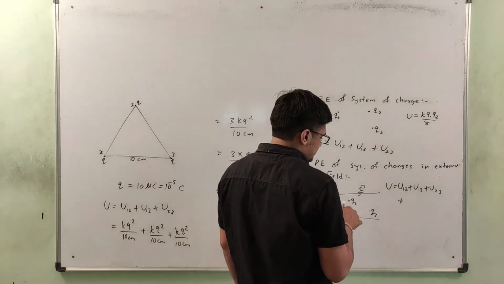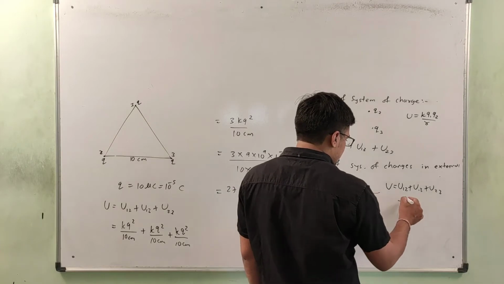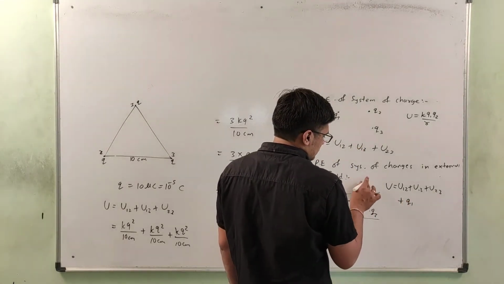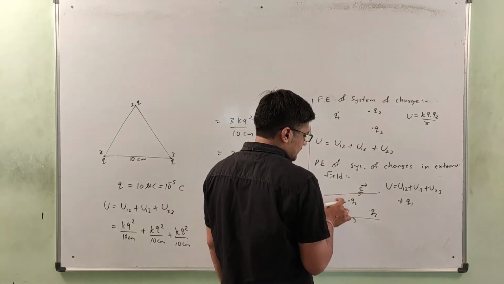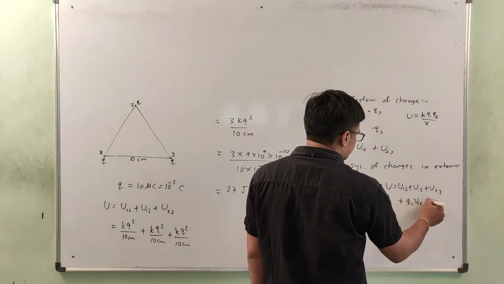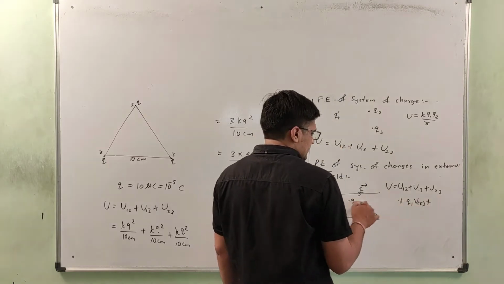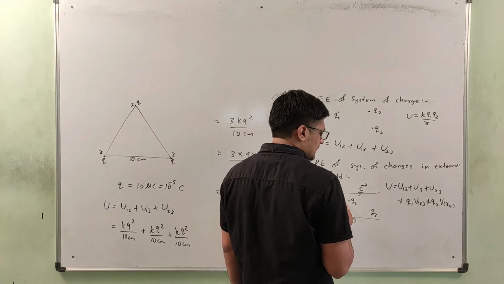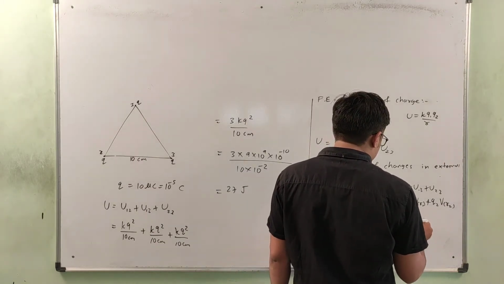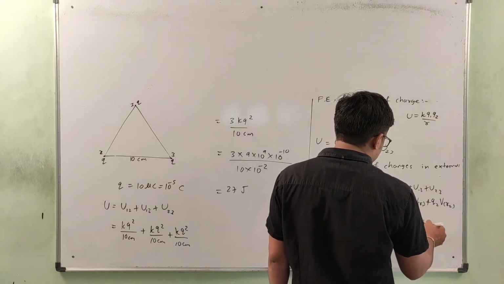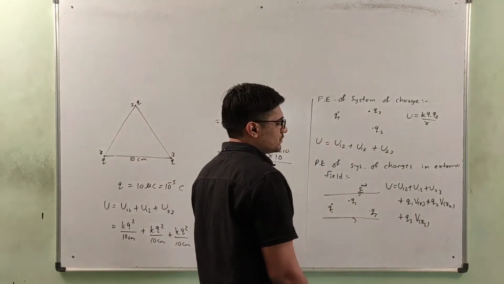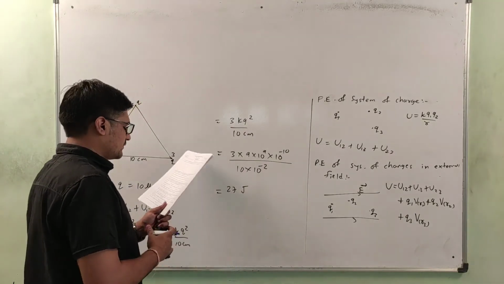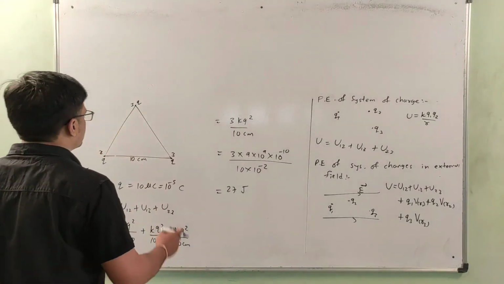The potential energy of charge q1 due to this electric field is charge q1 times the potential at this point due to the electric field, V(R1). Add a second term, charge q2 and the potential due to this electric field at this point. Then charge q3 and the potential at this point, V(R3). Add all terms and you will get the total energy of this system.